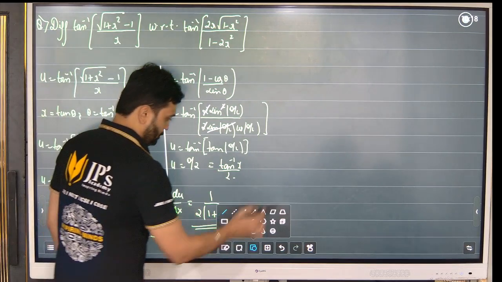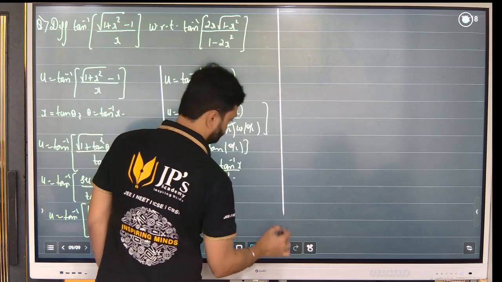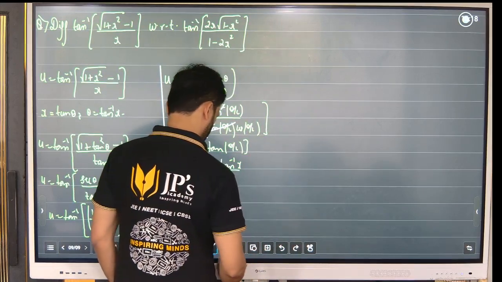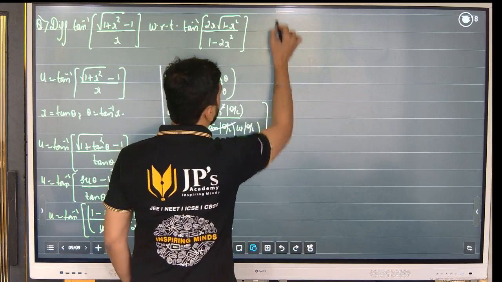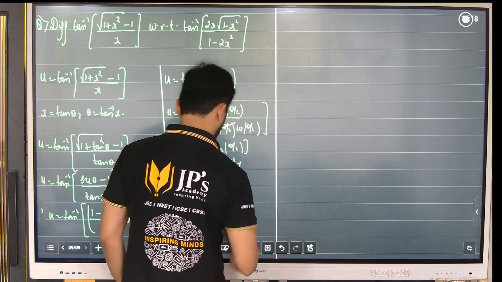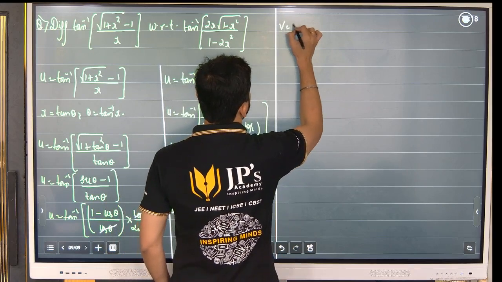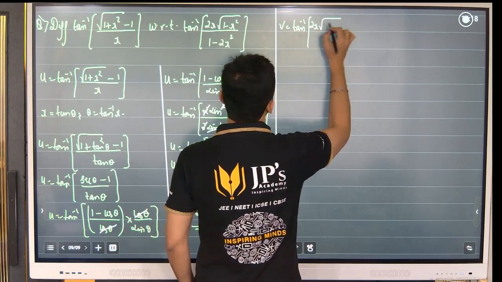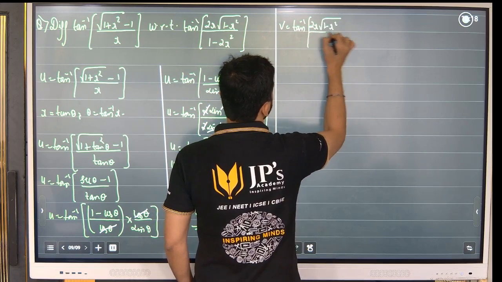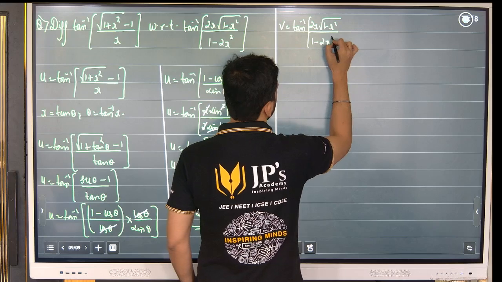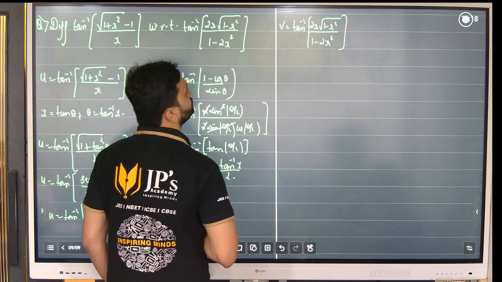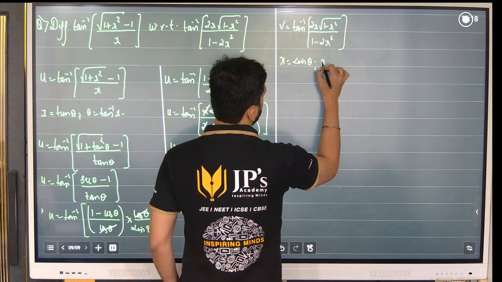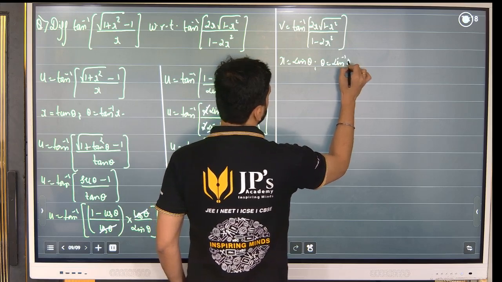Okay. I will find v. V is equal to tan inverse of 2x under root of 1 minus x square upon 1 minus 2x square. So take x as sin theta. So theta is equal to sin inverse x.